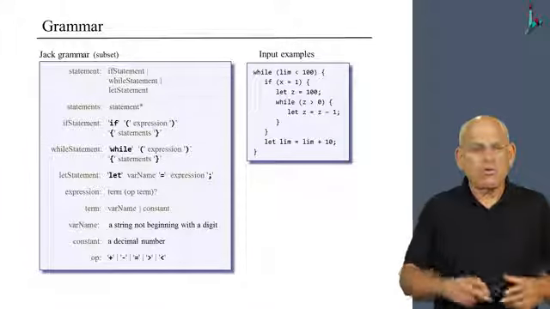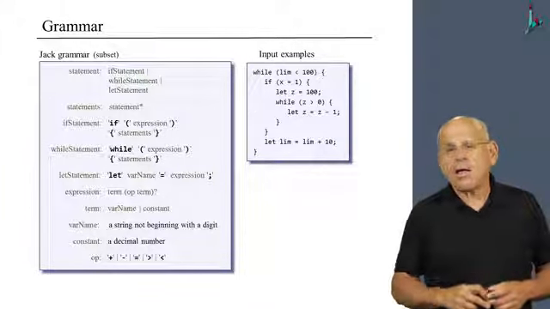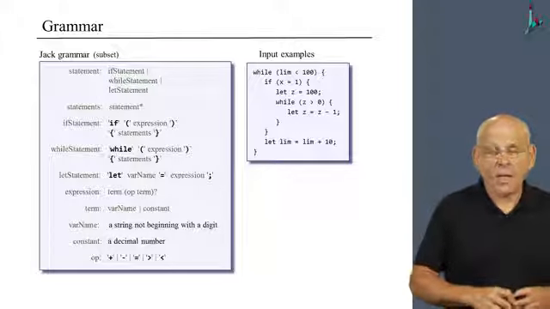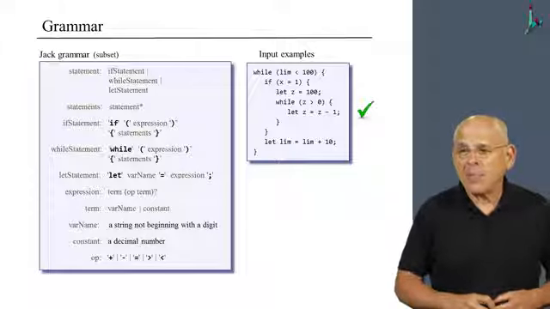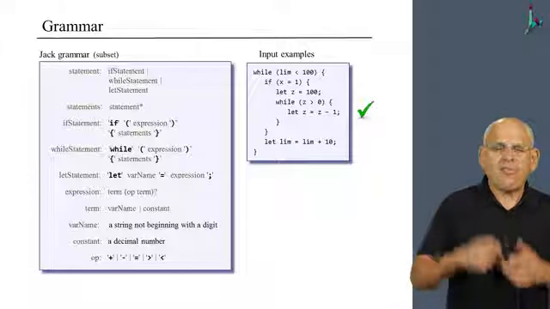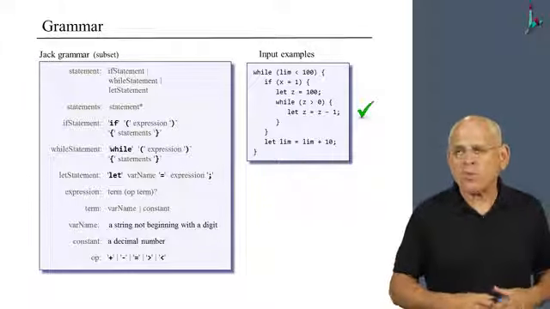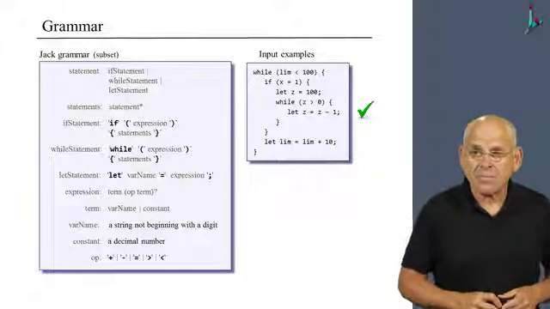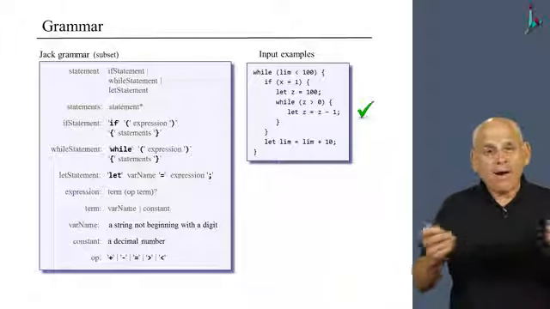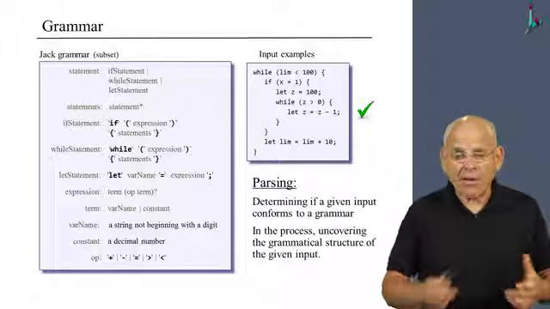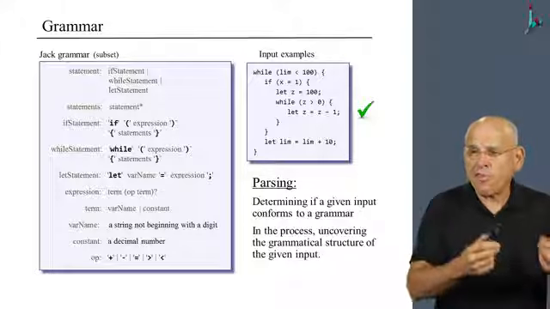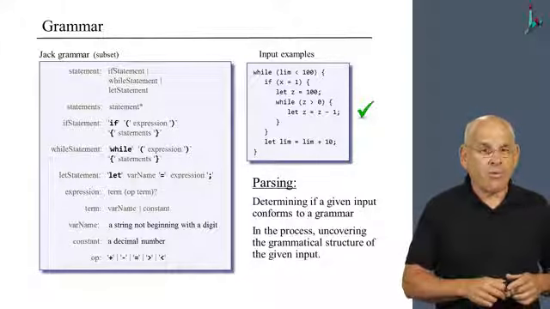Well, you're welcome to stop the tape and convince yourself that this input will also be accepted by the grammar. But it's a good exercise to follow, at least informally, what we did before and realize that this is actually the case. So parsing is the art and science of determining if a given input conforms to a certain grammar.